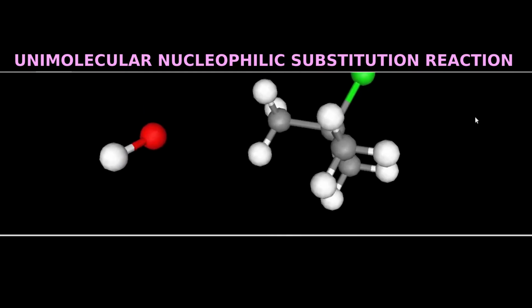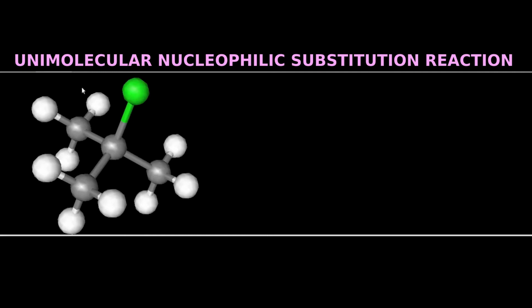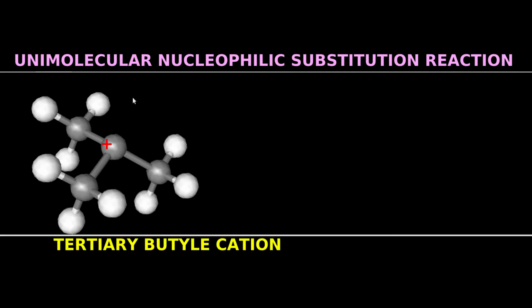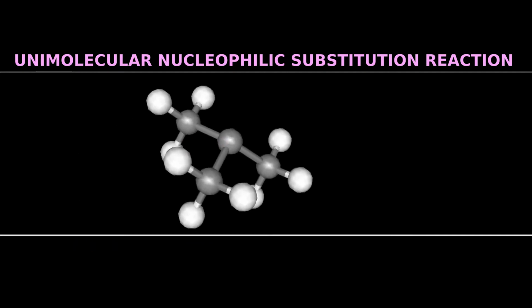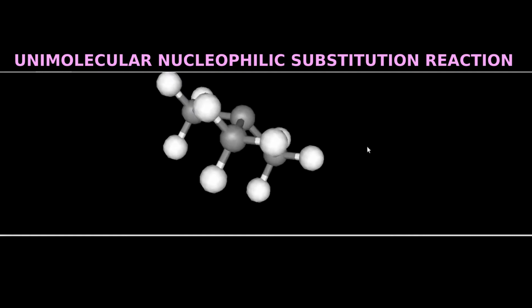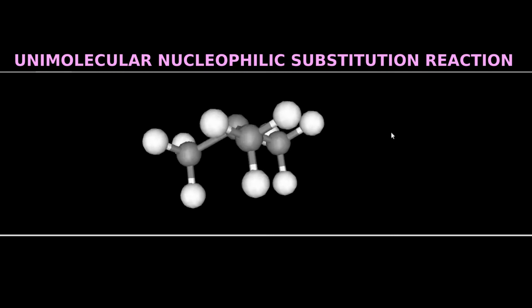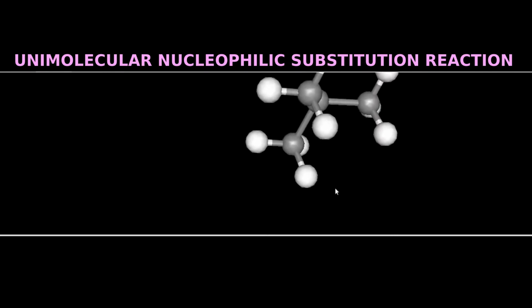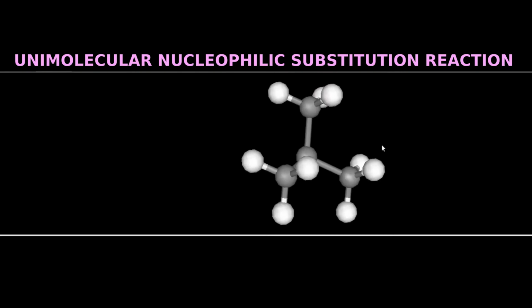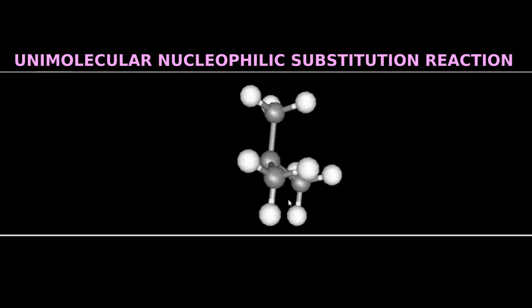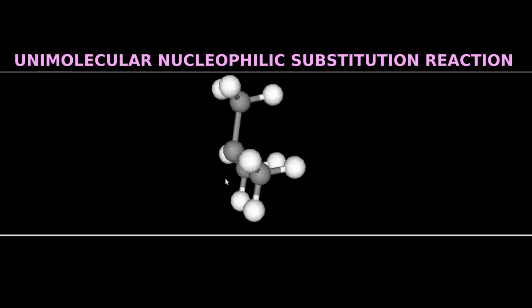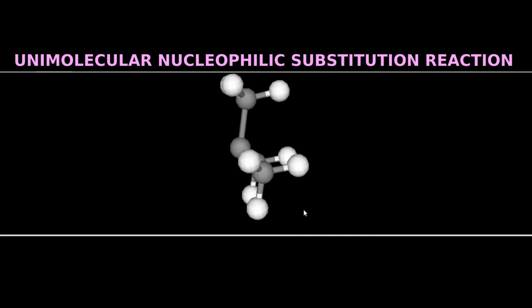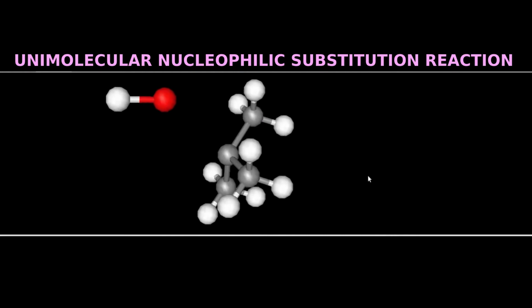Instead, the first step is the cleavage of the C-Cl bond of tertiary butyl chloride to form a carbocationic site, the tertiary butyl carbocation. After the chloride ion leaves, this carbocation is almost planar, and therefore the approaching hydroxide ion, the nucleophile, can attack this carbocationic site from either side of the leaving group, through the same side from which the chloride is removed or from the opposite side.